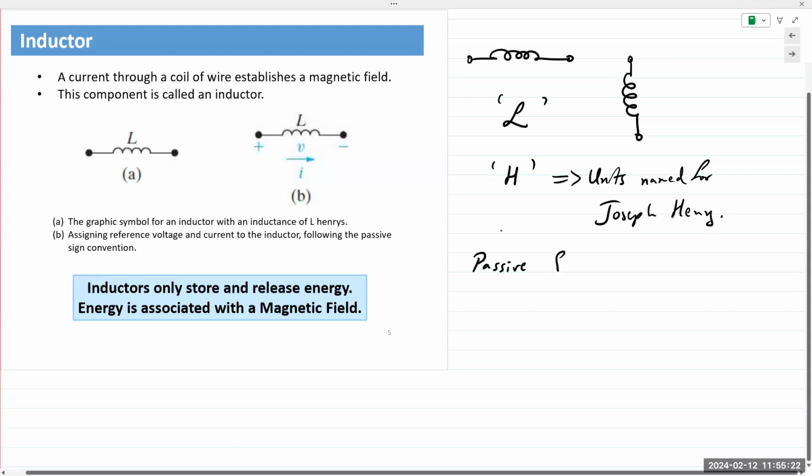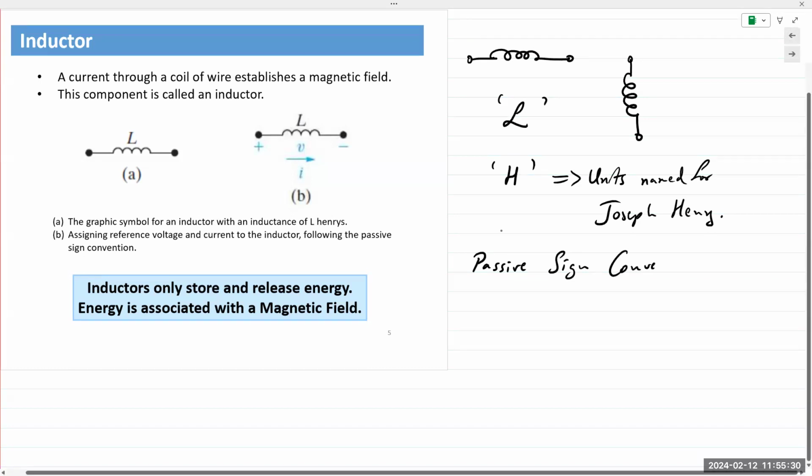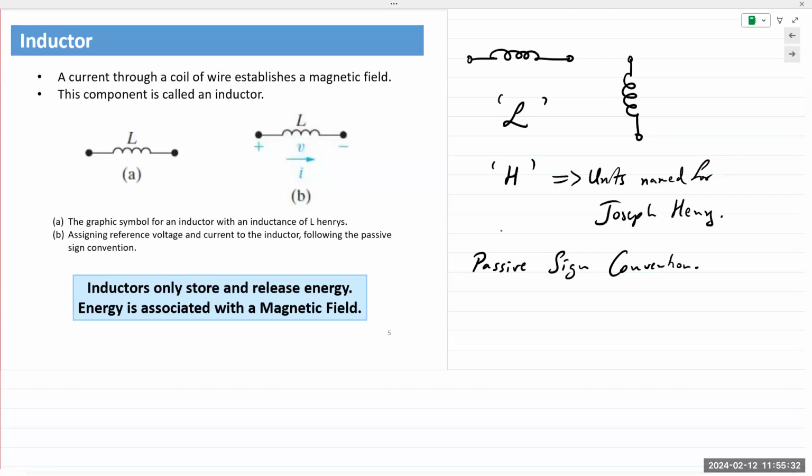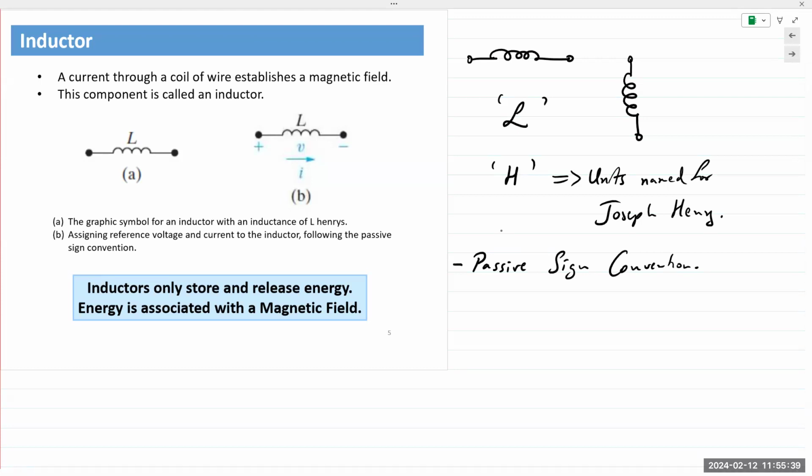So it follows the passive sign convention or the passive reference configuration you saw in chapter 1 for resistors. What does passive sign convention mean? It cannot supply energy of its own. So it means that current always flows from high to low, plus to minus.